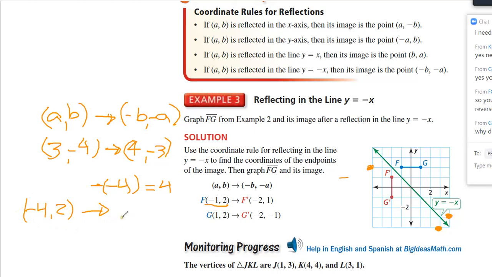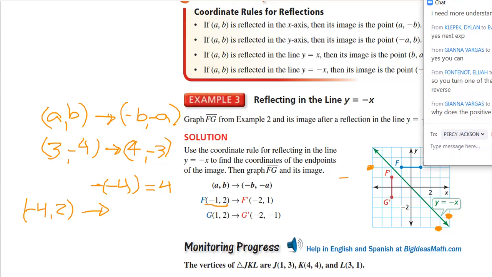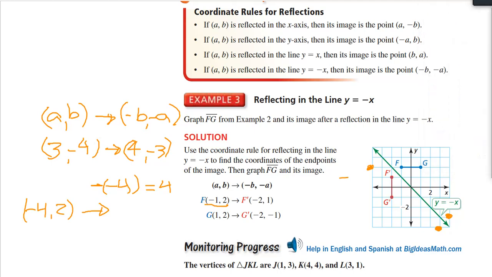Let me make it so you can answer publicly here. Can somebody tell me in the chat the answer to this question? What's the reflection of -4, 2?